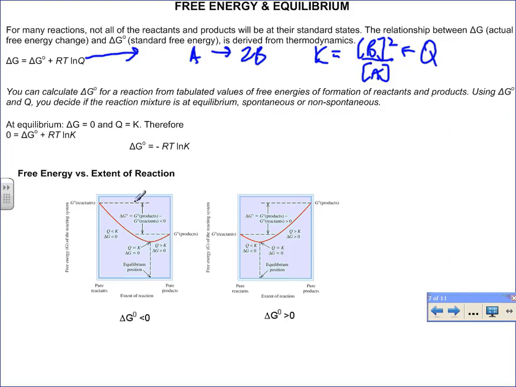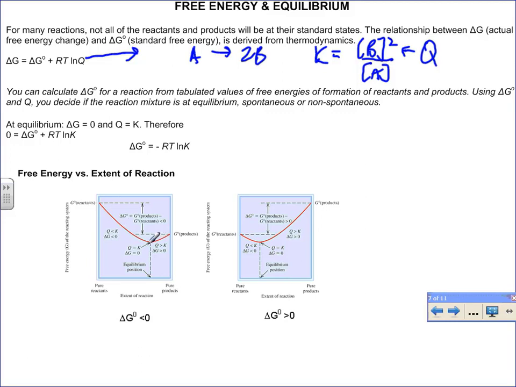Okay. And these two graphs here give you a relationship between the free energy of the system at a particular moment in time, depending on whether we're equal to K or Q, okay, and the extent of the reaction. So here, this is for a non-spontaneous reaction.